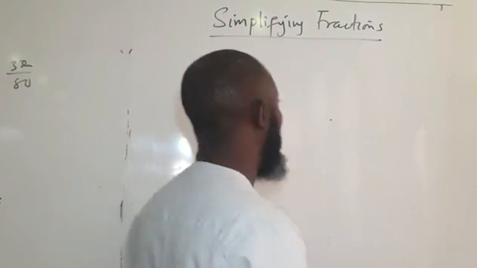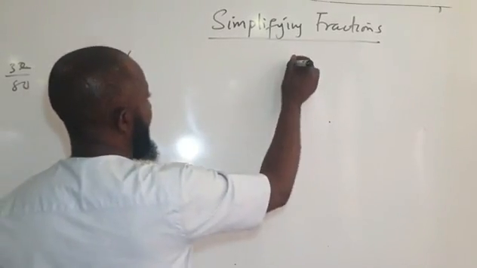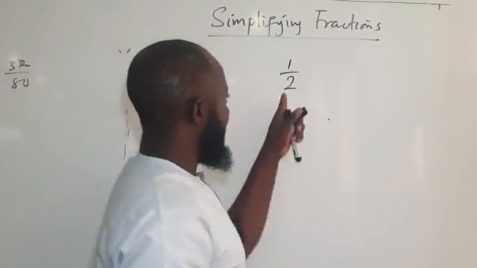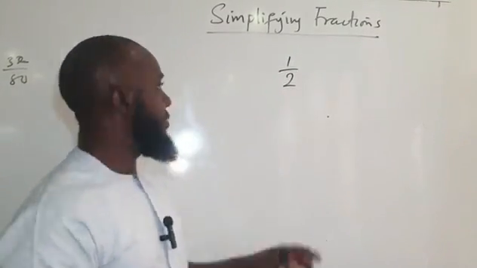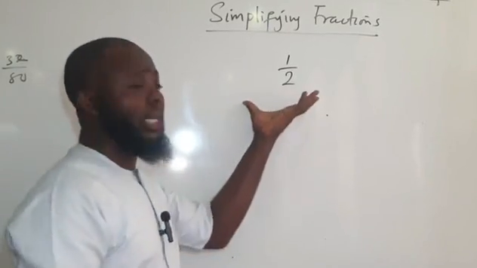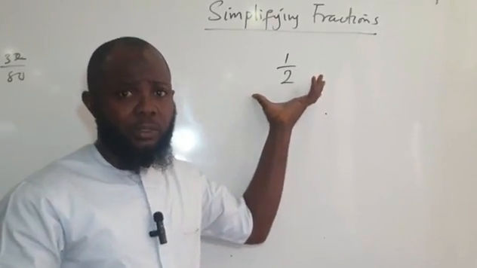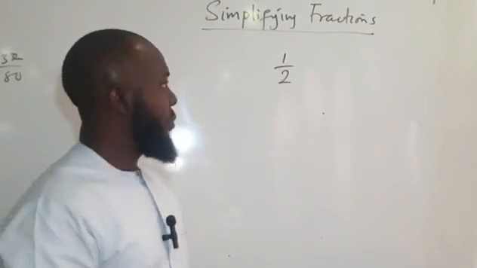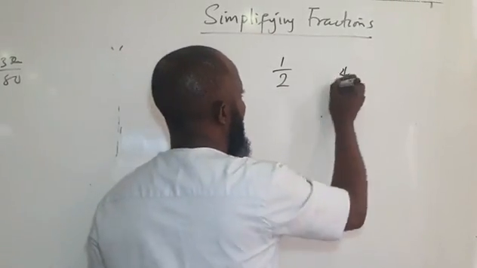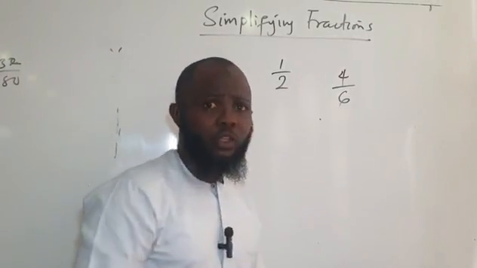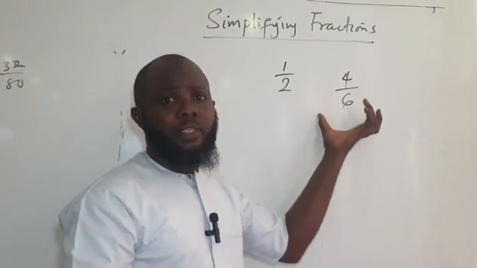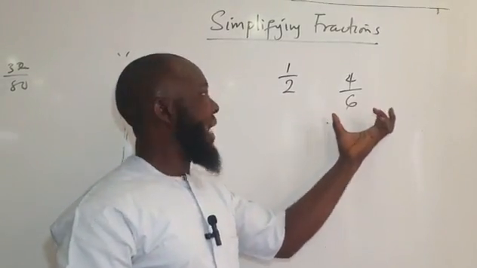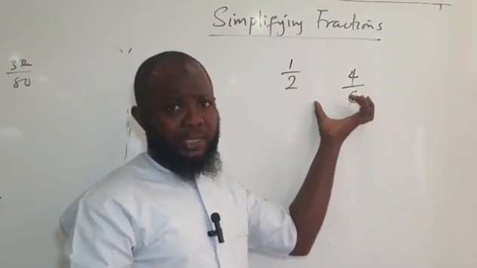Just like when you have 1 over 2, this fraction has been simplified already. There's nothing we can do again. We can't simplify it further, because there's nothing that can divide 1 and 2 again. But in the case of 4 over 6 here, we can still simplify this further, that is, we can reduce it to its lowest term.